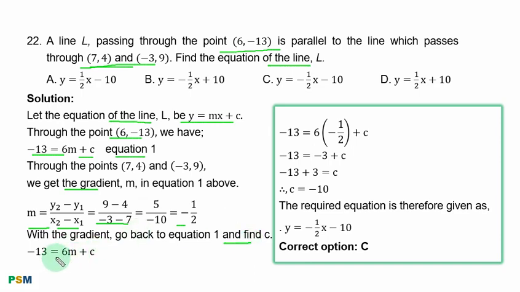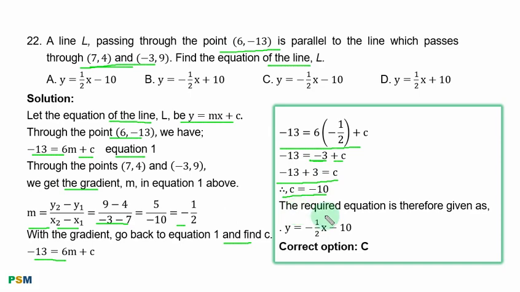So this is equation 1. You replace m with minus 1 over 2 in this form. If you divide 6 by 2, you have 3 times minus 1, that is minus 3. To get c, transfer minus 3 to the left. You have this result, and c is equal to minus 10.